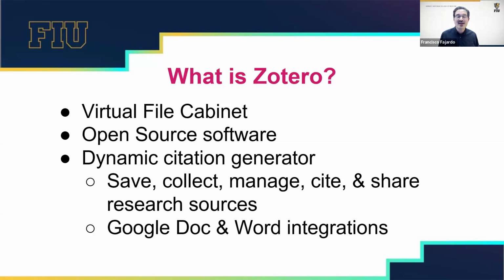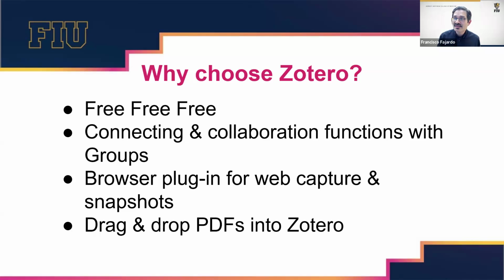Collaborating with groups is also a big thing, since it works with Google Docs, so you can share a document with colleagues or classmates. So let's talk about some of the advantages and disadvantages.